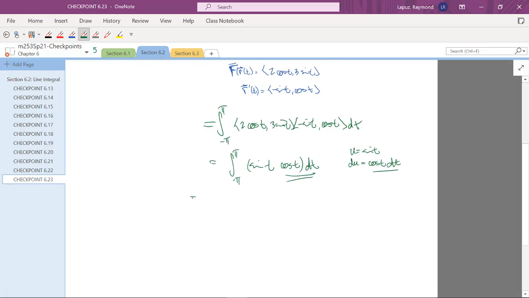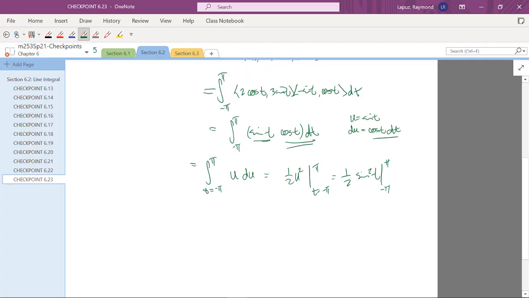And then we would have the integral, and these are still t limits, -pi to pi of u, that's sine t, du. So this will give us 1/2 u squared. And again, the limits are still t limits. So let's change it back to sine squared t from -pi to pi.